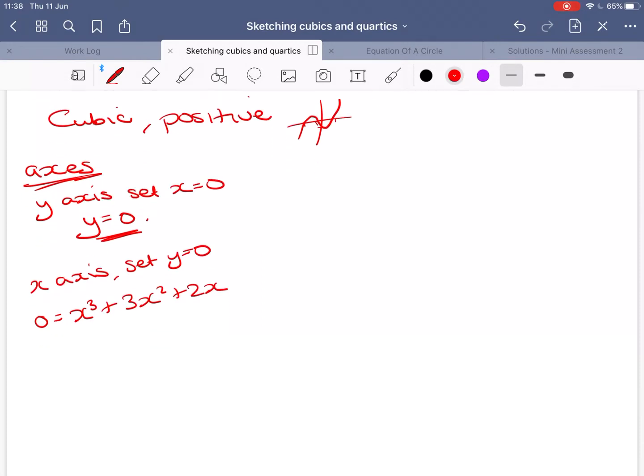And this comes back to what we've been doing in the previous couple of lessons. I've got to factorise this. Now if we look, they've all got a common factor of x, so I can say that's x times x squared plus 3x plus 2. And that quadratic inside the bracket is quite a simple one. I get x plus 2 and x plus 1.